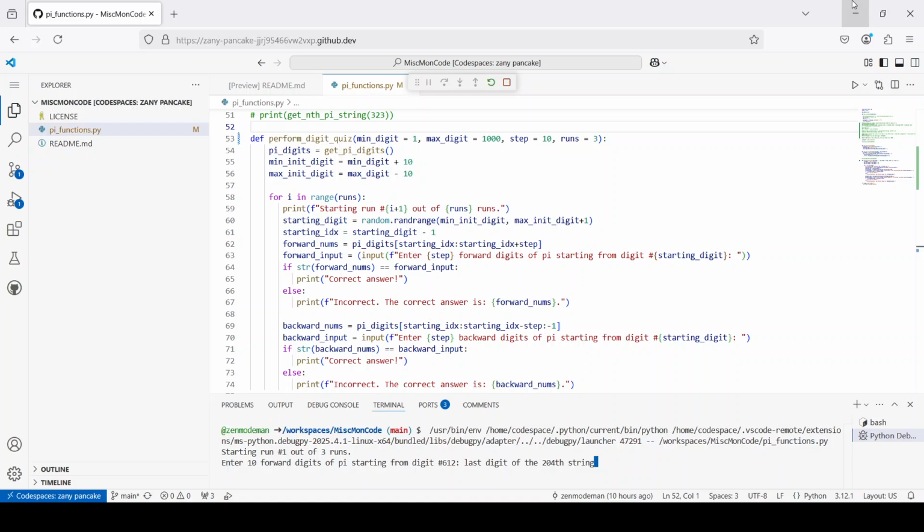And let's see, what's the 204th string? That should be Pineco, which should be Noibat, which should be 714. So we want the third string, so we're starting at 4.